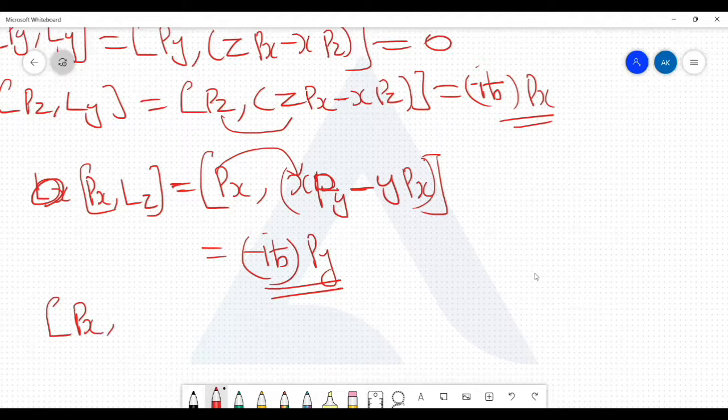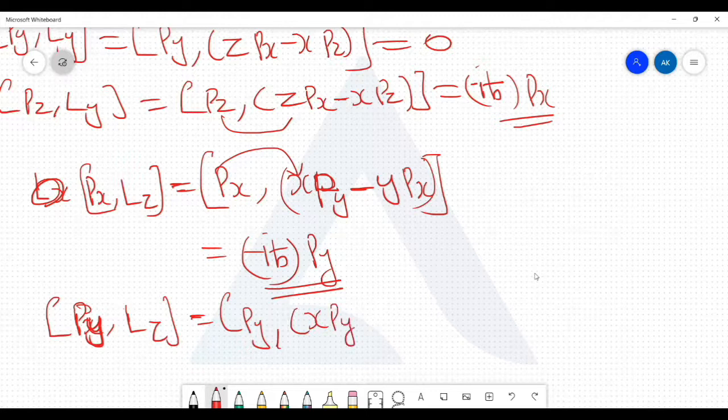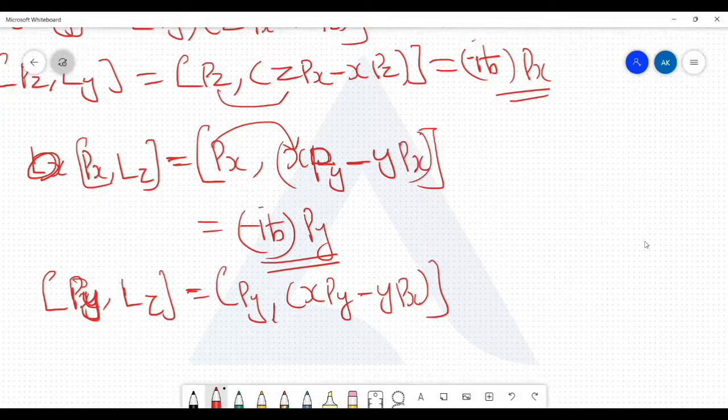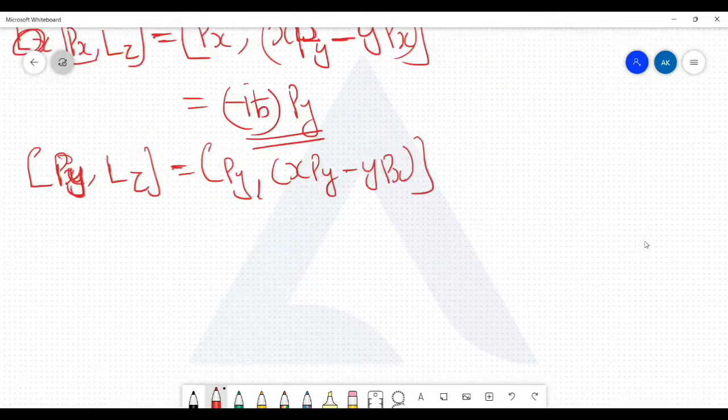Now py with the Lz, that will be py. Lz is x py minus y px. So you have this. Py with y is there.